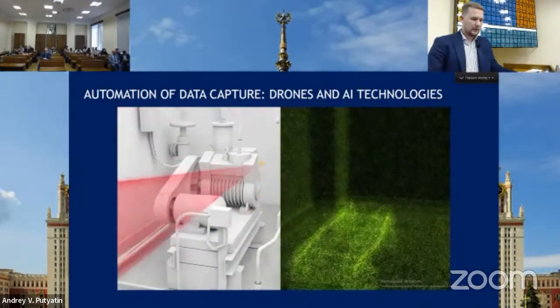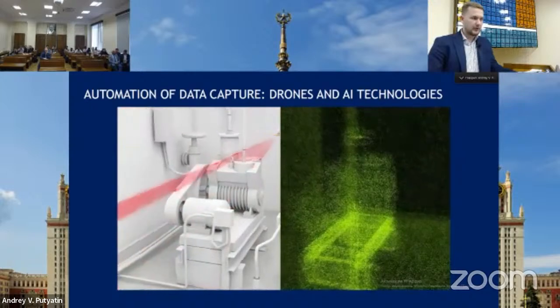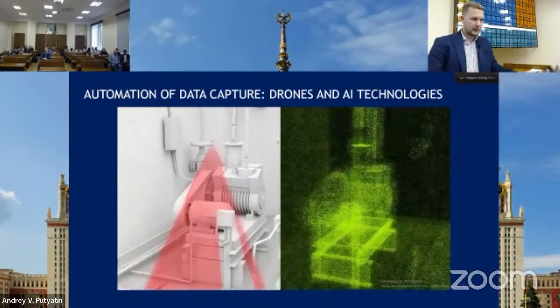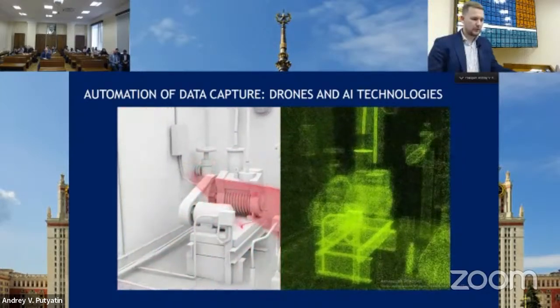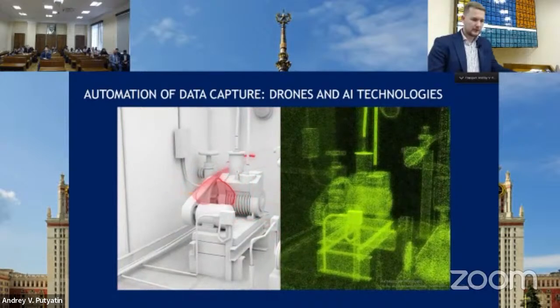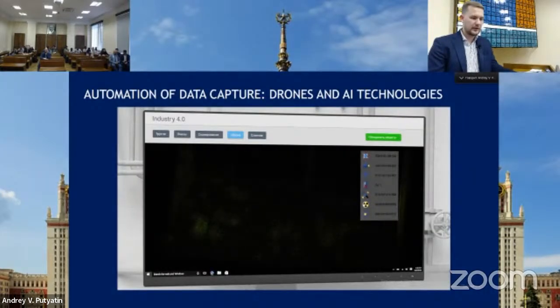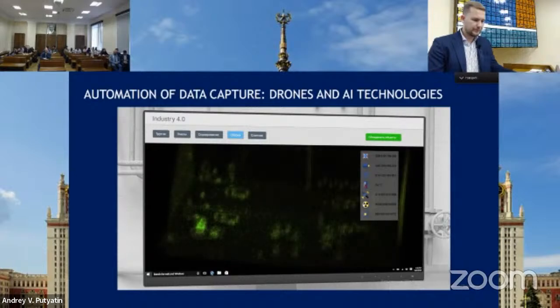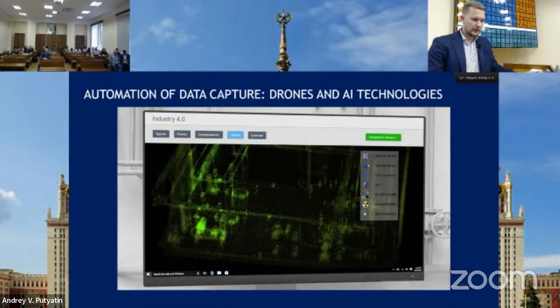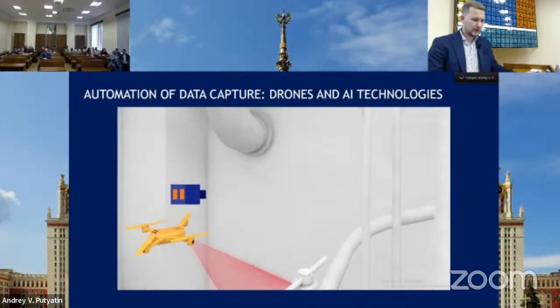So there is an example of obtaining the point clouds during the flight of the drones. Then these point clouds are processed with an AI algorithm to obtain the BIM model. So all point clouds are collected in the software.